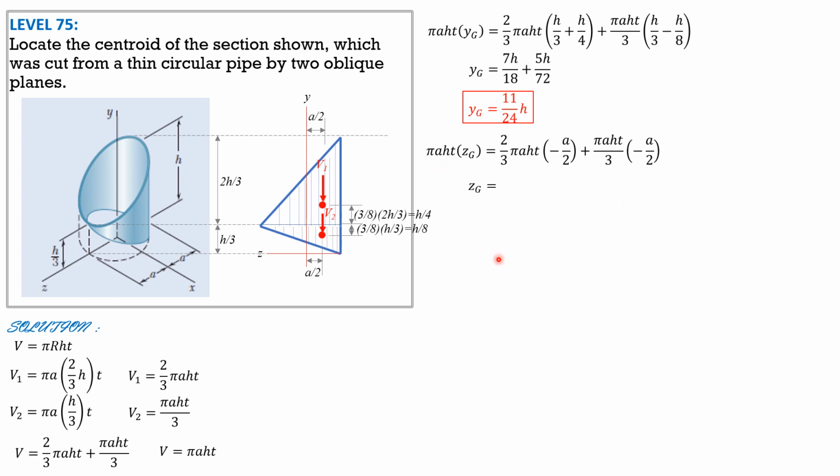Cancel pi ht, so the first term is negative a over 3, then the second term negative a over 6. Combining, zg is negative a over 2. And as I said, xg by symmetry is 0. So that's it for this problem.